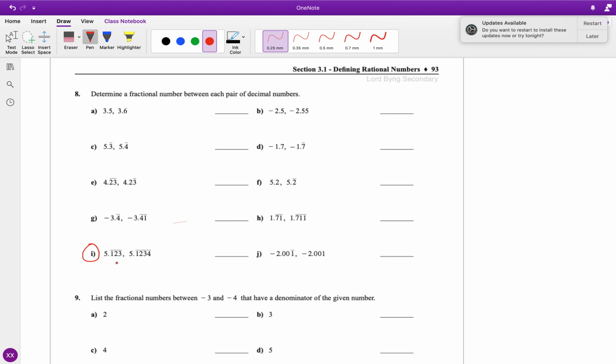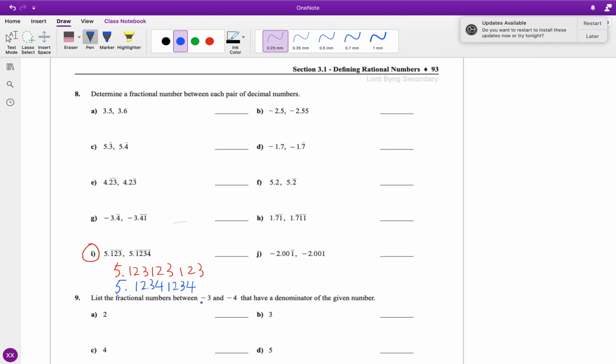So now 5.123, 1, 2, 3, 1, 2, 3, right? Now the next one, let me change to another color. Okay, now the next one is 5.1234. 1, 2, 3, 4.